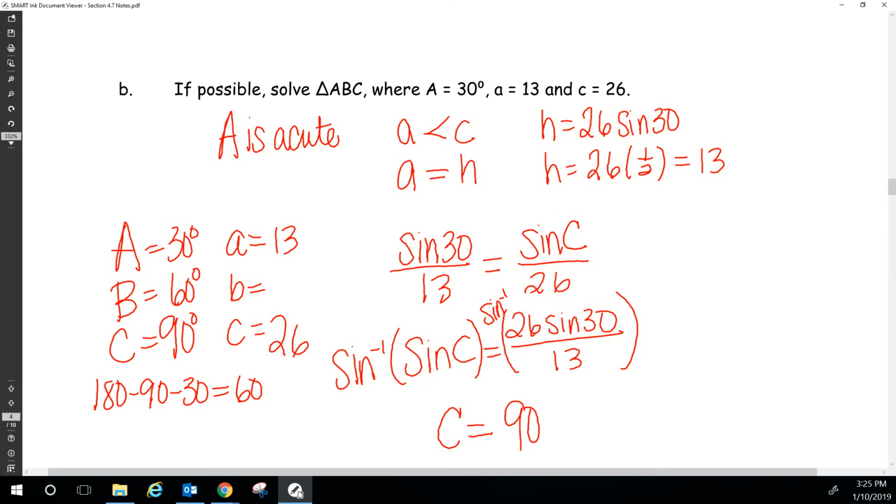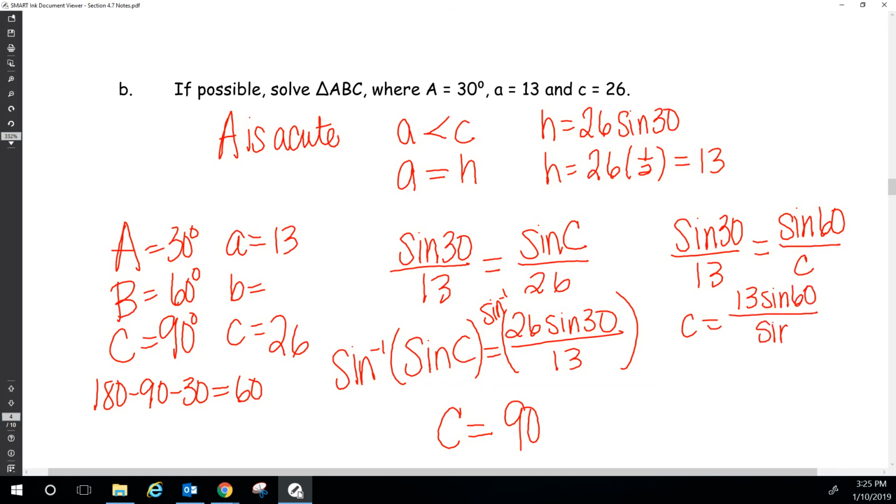I'm going to go back to using sine A, which is sine 30 degrees over 13, has to be equal to sine 60 over little b. So b is equal to 13 sine 60 over sine 30. And when you put that into your calculator, you get 22.5. And so that's our little b.